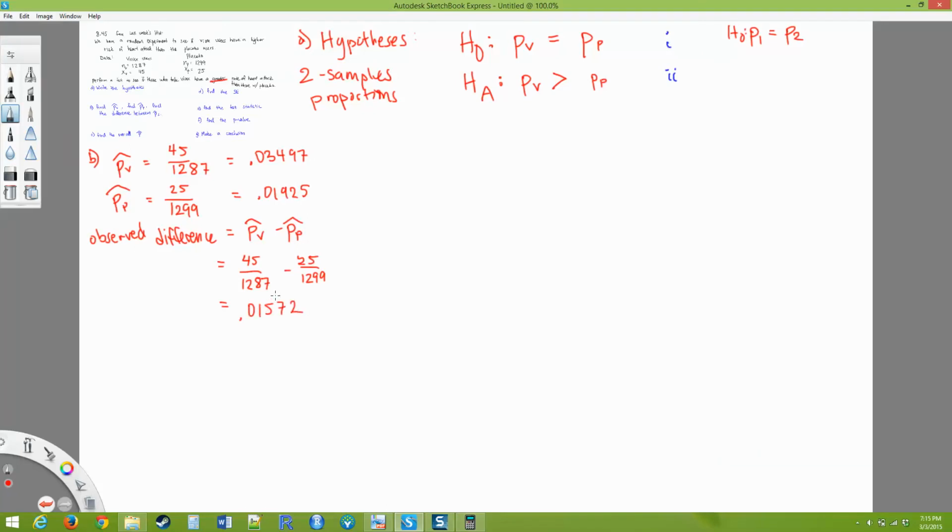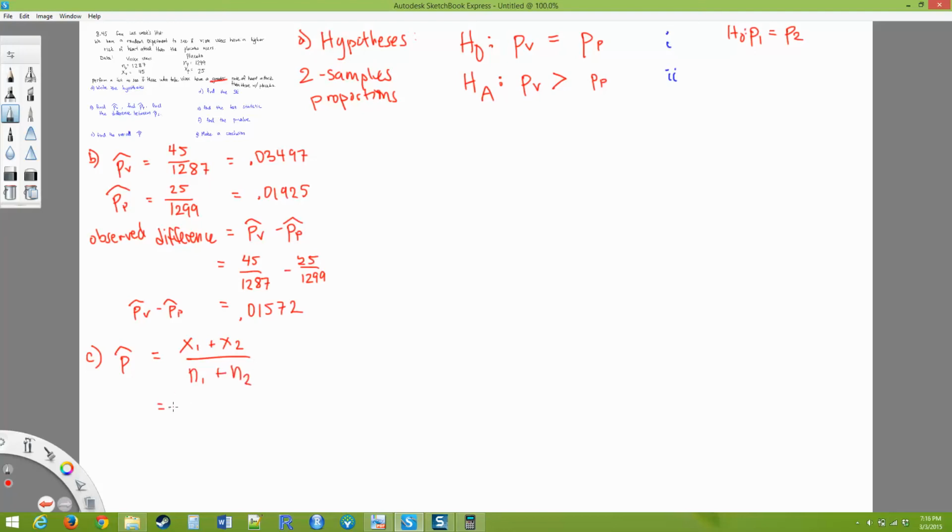Okay, so this is my observed difference right here. So this is P Vioxx minus P placebo. Or if you labeled them P1 hat and P2 hat, that's also fine. P hat overall is going to be x1 plus x2, or x Vioxx plus x placebo, divided by n1 plus n2.